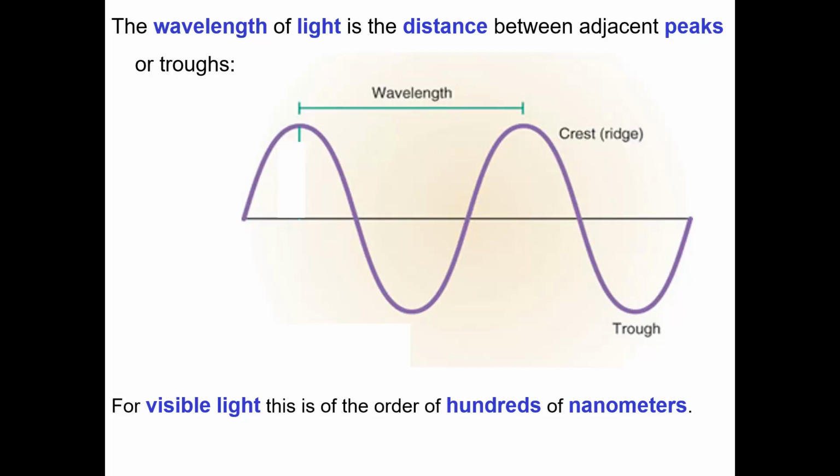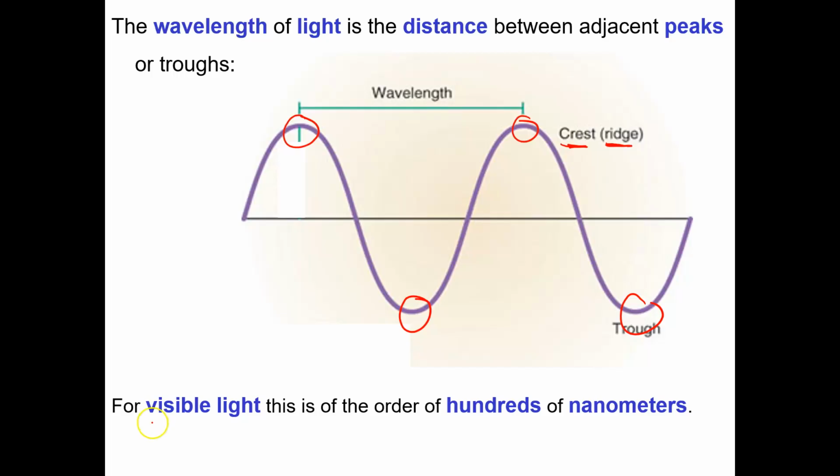So the wavelength of light is pretty easy to understand. It's the distance between two adjacent peaks, or alternatively between two adjacent troughs. Peaks are sometimes referred to as crests or ridges of the wave, but I like peak.